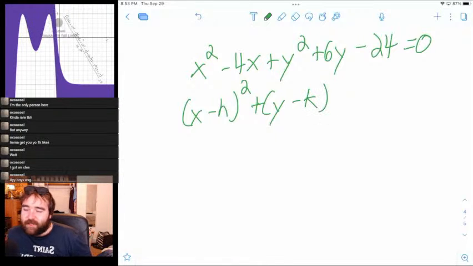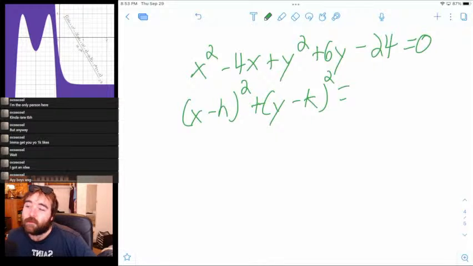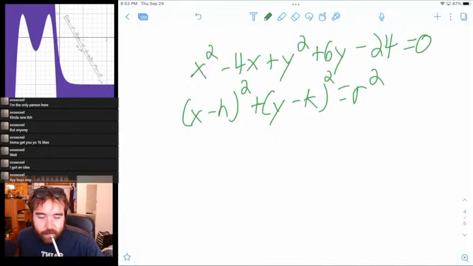That's the same as h minus x, actually, but normally we do x minus h. X minus h squared plus y minus k squared equals r squared. Yeah, so we need to write it like that.